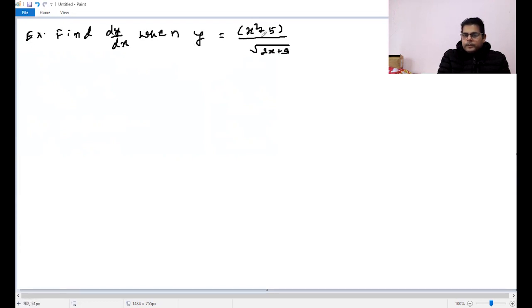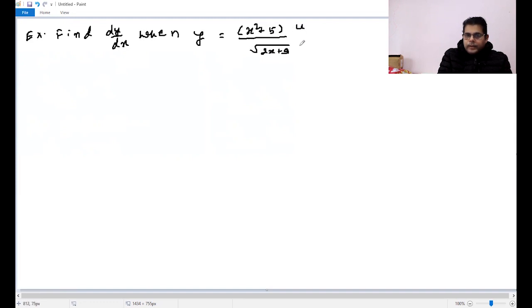Especially when the power is 1 by 2, 1 by 3, or even more than 4, 5, 6, the algebraic difficulty will be high, and it also consumes a lot of time to solve through algebra. So a good idea is to apply some rule that makes our work easy. As we now have knowledge of the quotient rule, we apply that formula.